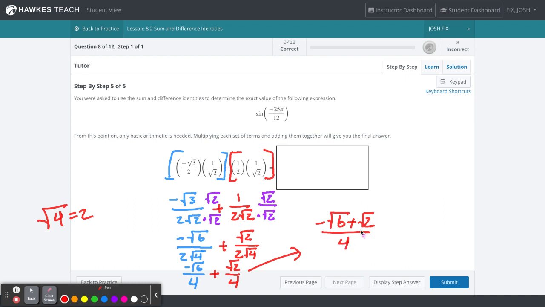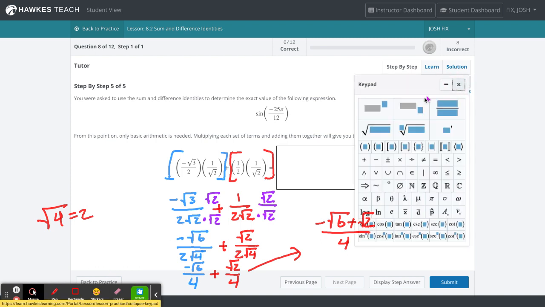And nothing simplifies because of the fact that everything's inside a radical. So we can't take evens out because these aren't actually like a 6. It's a square root of 6. And so there's no common factor between those two. So now let's test that answer. So we got our fraction bar.